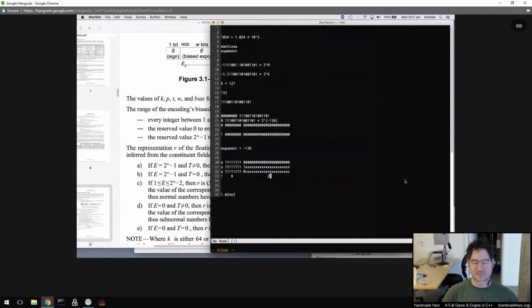Yes, this is why these formats are called binary 32 and binary 64. Once again, this is new language in 2008. Before that, they were called single precision and double precision. We still mostly use those terms, but it's binary as opposed to decimal.